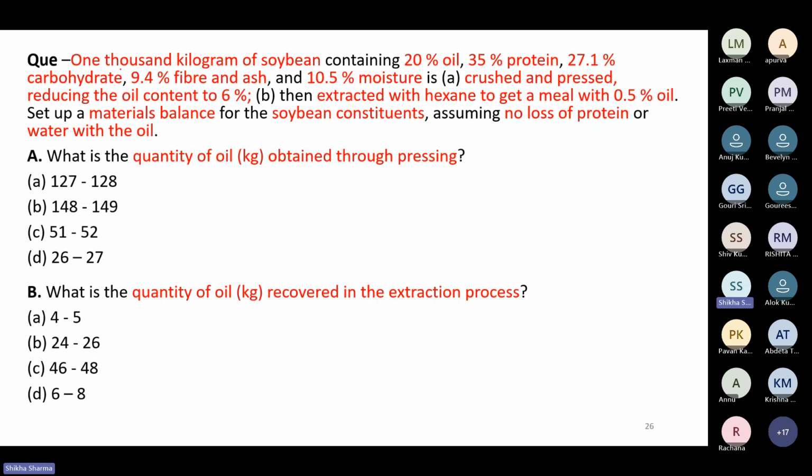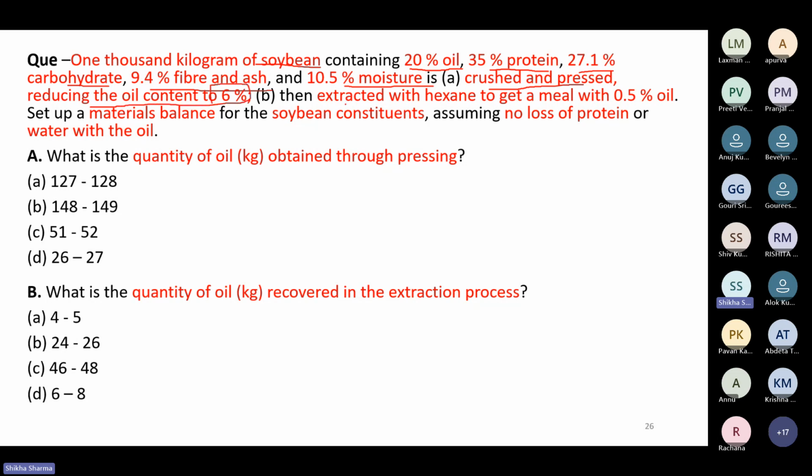We have 1000 kg of soybean, which has 20% oil, 35% protein, 27.1% carbohydrates, 9.4% fibers and ash, and 10.5% moisture. By crushing and pressing, the oil content is reduced to 6%.